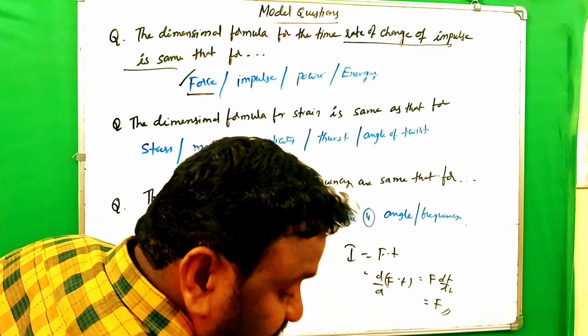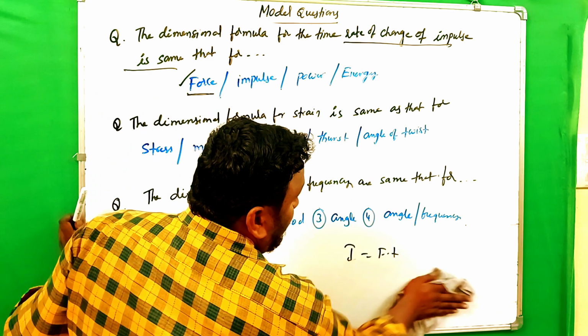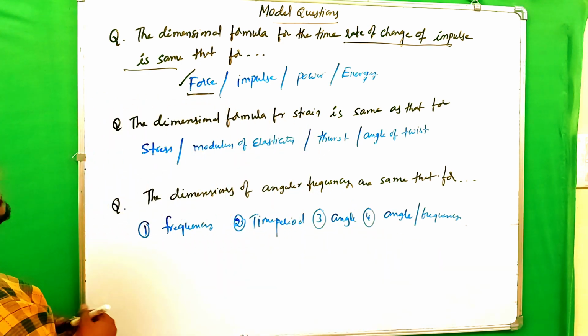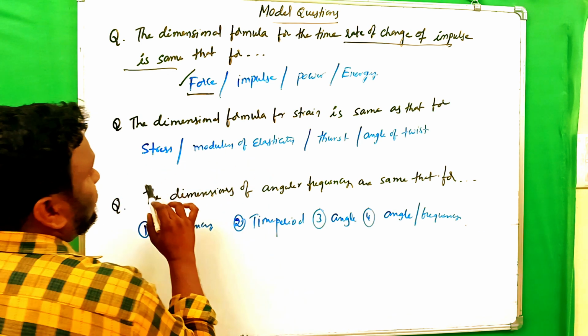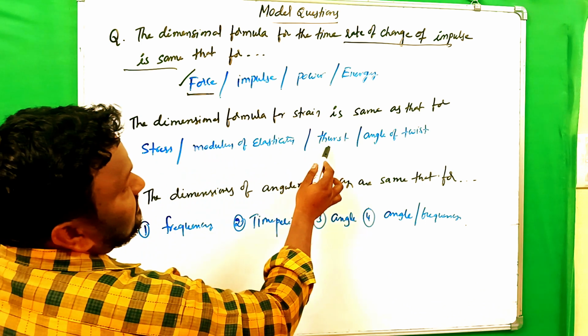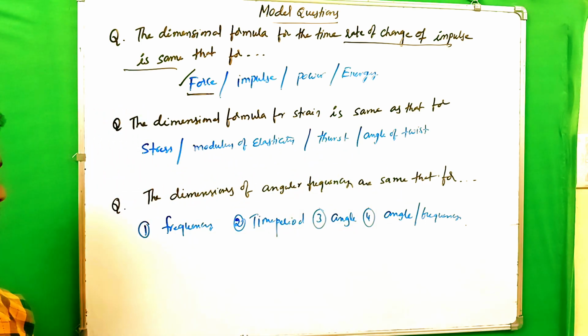See the next question. The dimension formula for strain is the same as that of stress, modulus of rigidity, thrust or angle of twist.